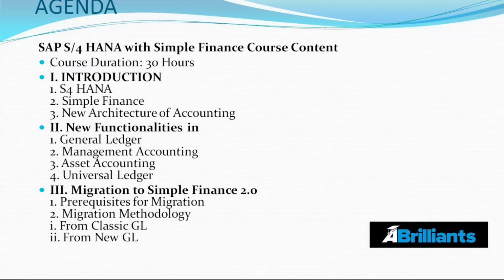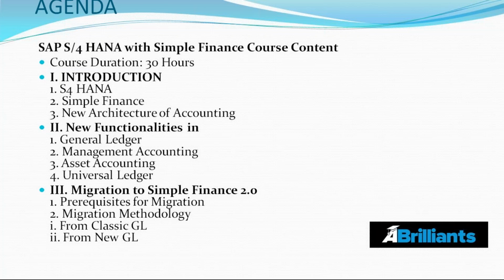We began by looking at the introduction. We went further to look at what S4 HANA was all about. We went to the details of simple finance. And we looked at the new architecture of accounting, how the innovations in the SAP domain have led to innovations in the new architecture of accounting. It brought us to the point where we had to look at the new functionalities in SAP.